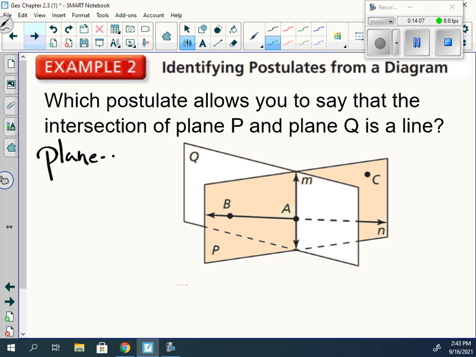Plane intersection postulate, because the plane intersection postulate states what? If 2 planes intersect, then their intersection is a line. Questions on this here?